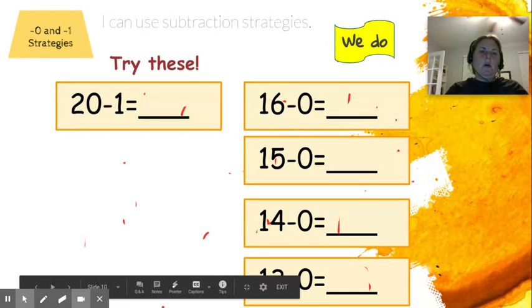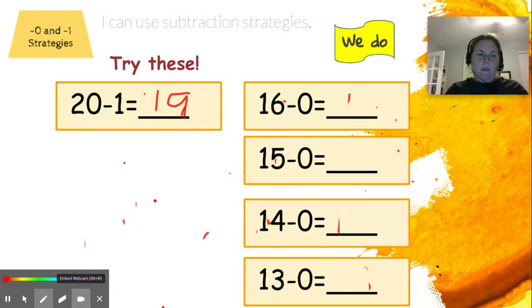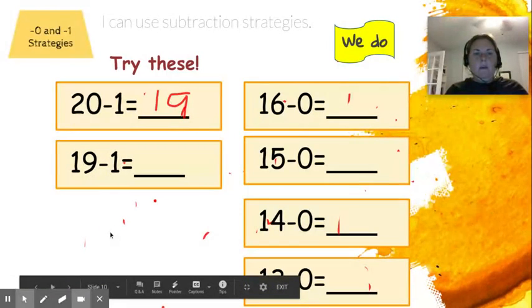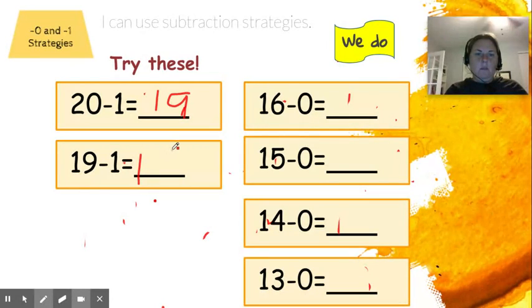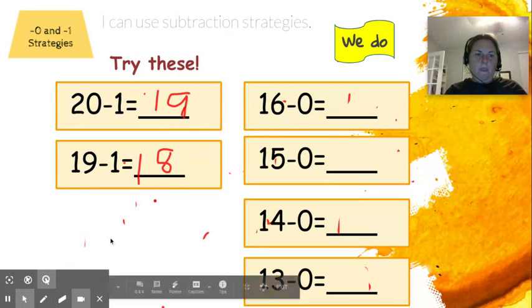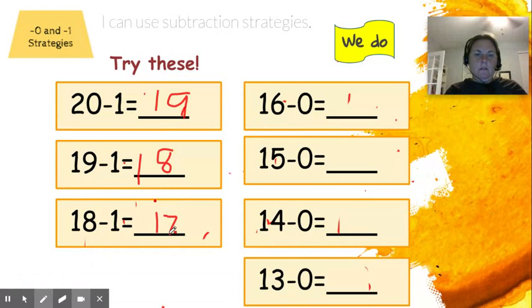Oh, 21, or I'm sorry, 20 minus 1. These we're just going to hop back. 19. Next one. 19 minus 1. 18, good. 18 minus 1. 17.